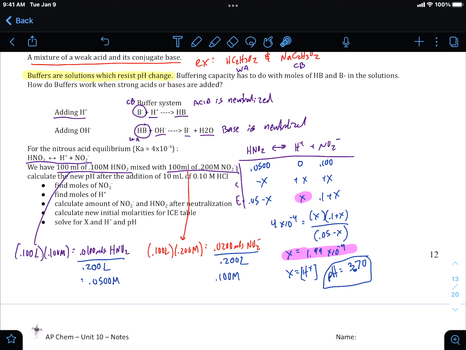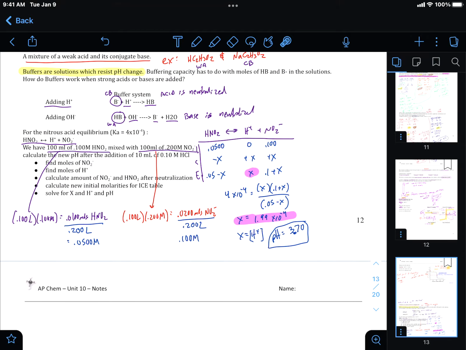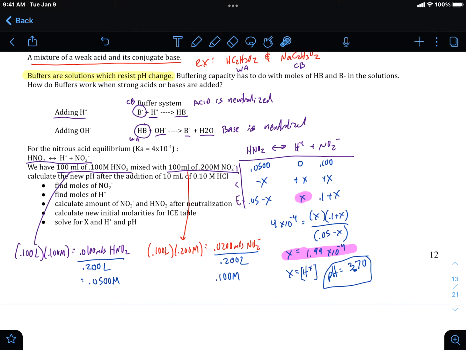So now, this is a good spot to add a page because the next problem we're not going to have enough room for. Okay, so the next problem says, calculate the new pH after the addition of 10 milliliters of 0.1 molar HCl.